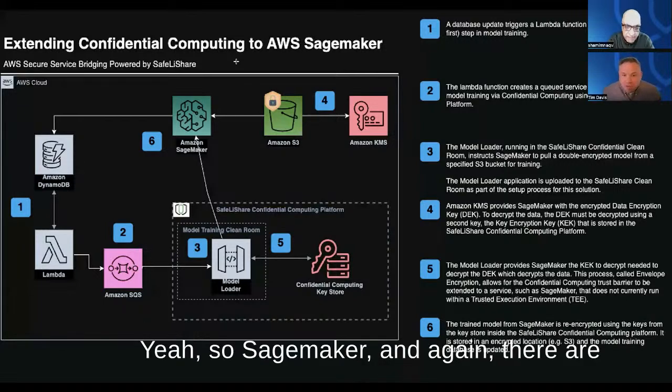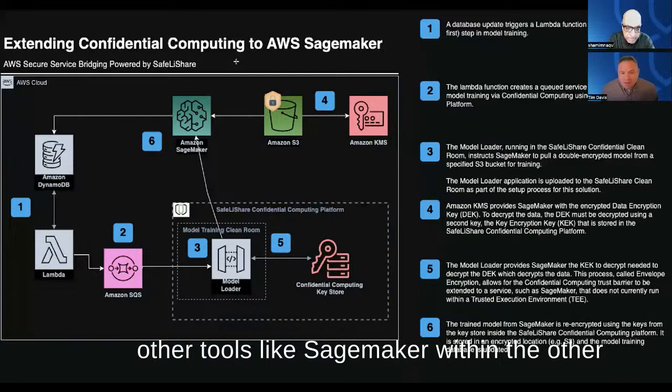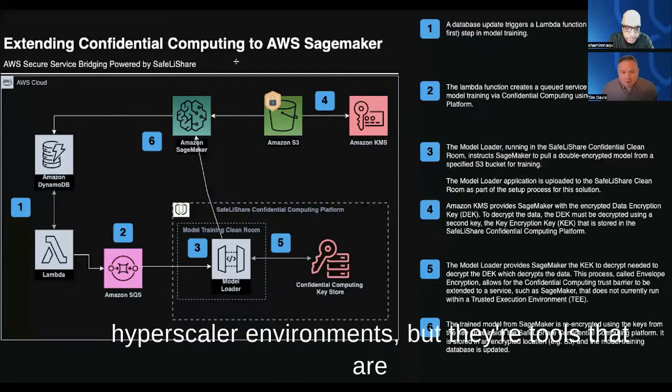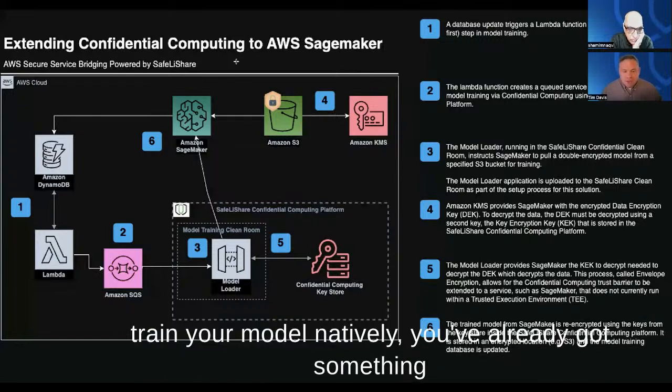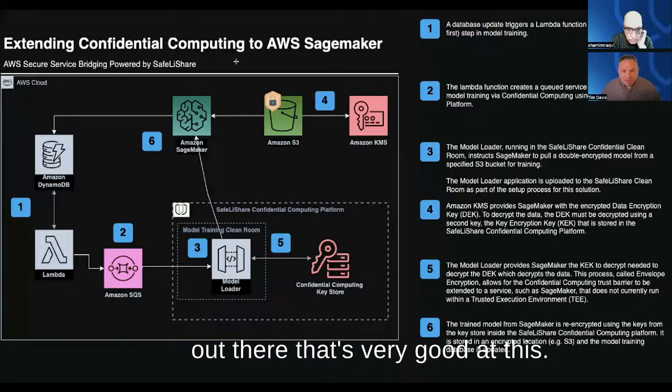Yeah, so SageMaker, and again, there are other tools like SageMaker within the other hyperscaler environments, but they're tools that are already built for this purpose, right? So rather than having to build tools to train your model natively, you've already got something out there that's very good at this.